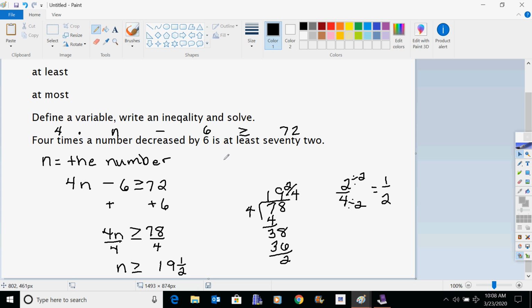Since it's a word problem, the best thing to do is write that out as words. The number is at least 19.5.